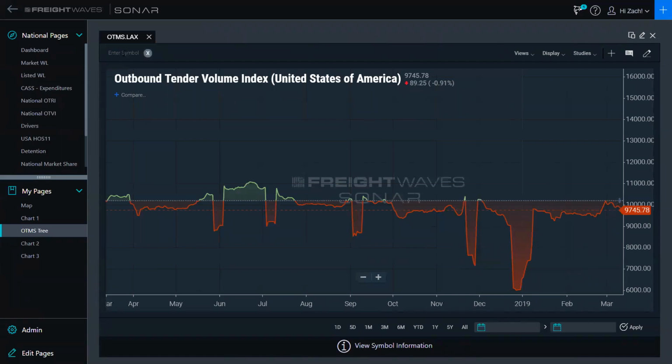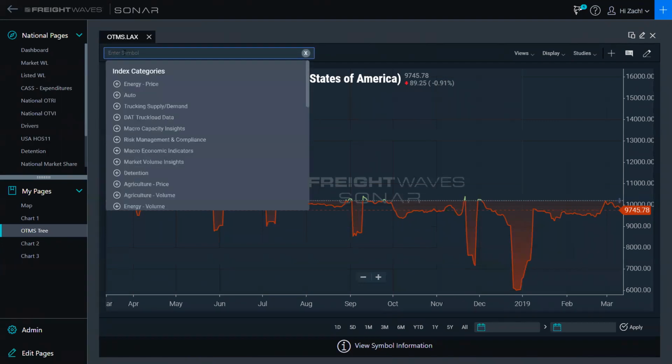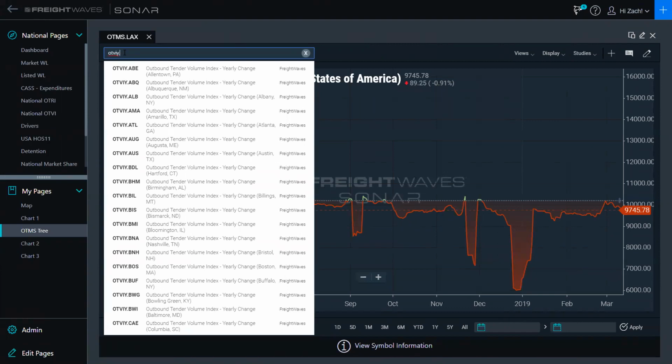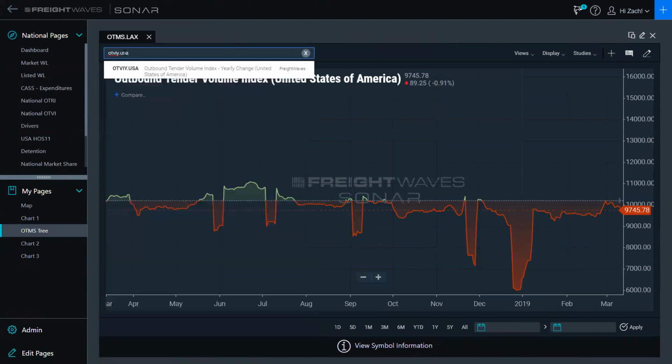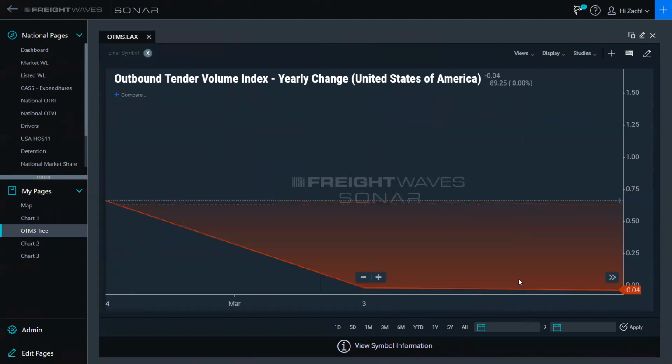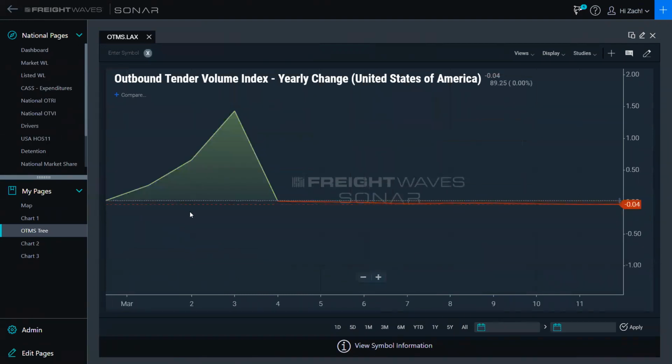And one of the ways that you can see this really easily is pulling up the OTVIY. That's going to give you an easy way to see percentage-wise just where we're at on a year-over-year basis now that we have actually crossed over the year-over-year point. And this is only going to be a few days or a few weeks old because we just literally crossed it right now.